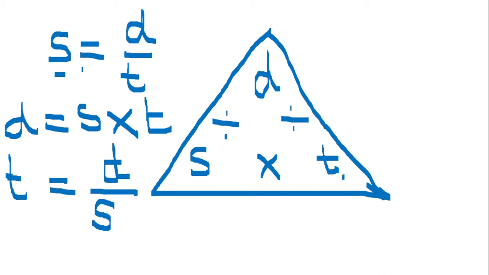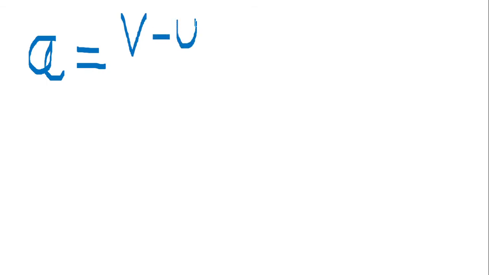If it is velocity, instead of distance it will be displacement, and instead of s you just write v, that's it, right? Now the next formula that you have to understand is acceleration. a is equal to v minus u divided by t. Right?